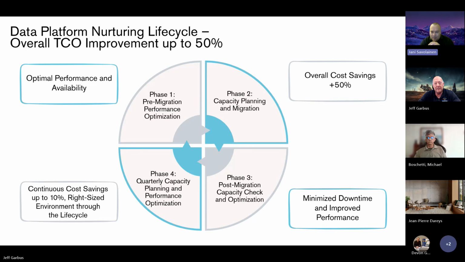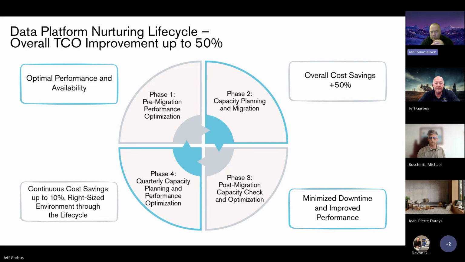And then the next step, when the migration is done, is to compare the capacity before the migration to after the migration, all the KPIs on server, instance, and database levels. So you understand whether there is a need to tune that environment. And that helps to minimize the downtime and improve the performance still.